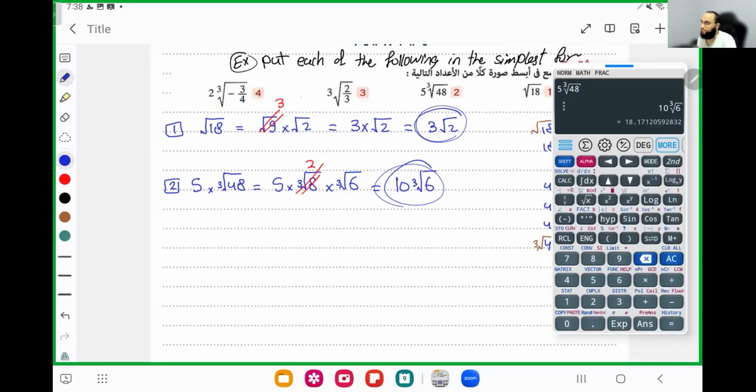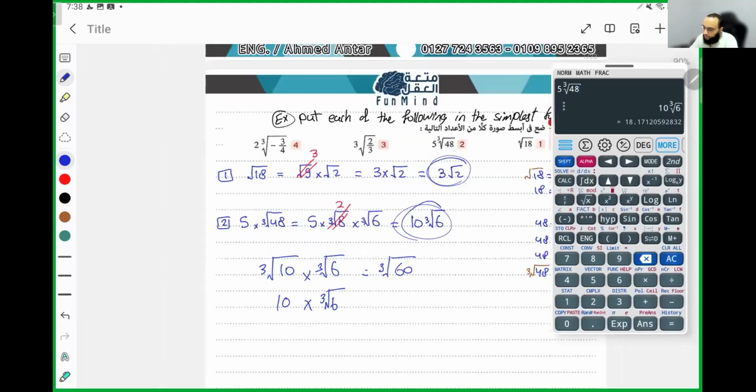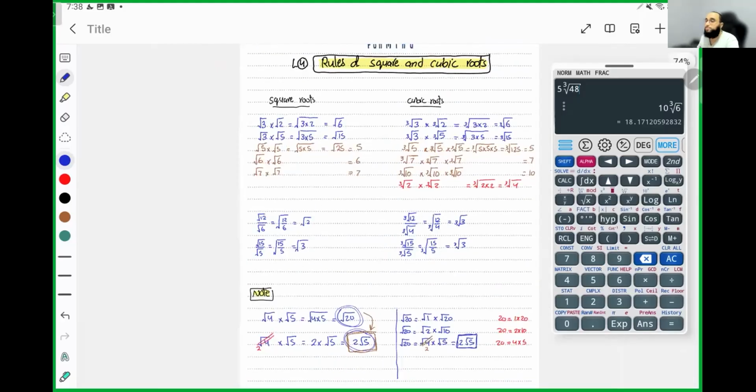Why didn't we multiply 10 by 6? Because it's not cubic root 10 times cubic root 6. If it were cubic root 10 times cubic root 6, you could multiply 10 by 6 and write 60 instead. But it's only 10, it's not cubic root 10. I said before on the previous page that you can multiply only the cubic roots with each other and the square roots with each other.